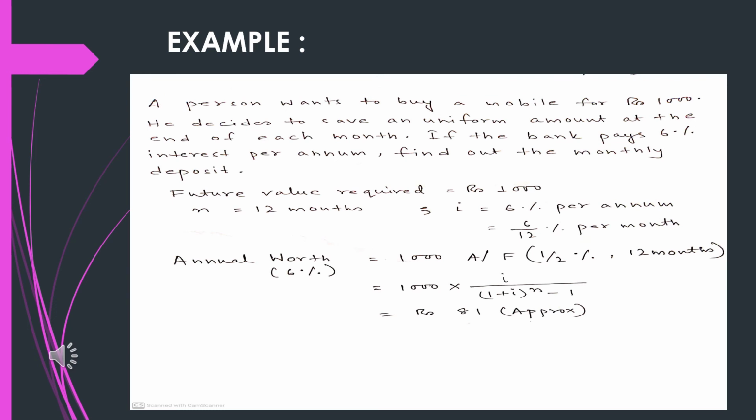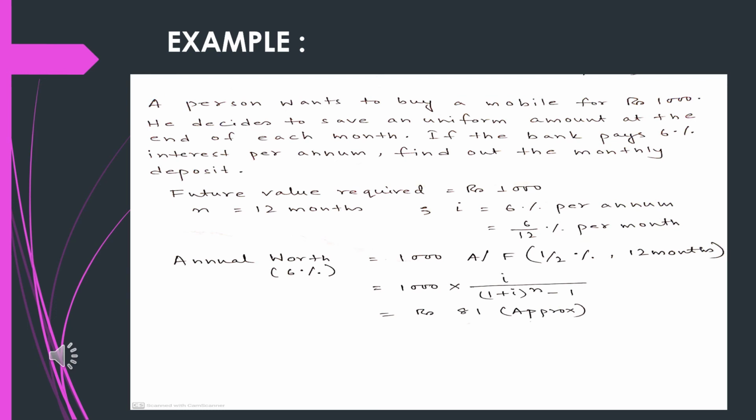So basically the transformation of this 1000 goes from future worth to annual worth, taking into consideration 0.5% per month from the 6% per annum, and the time period taken as 12 months.